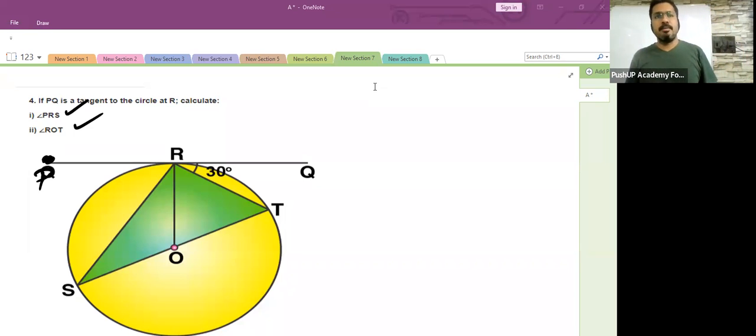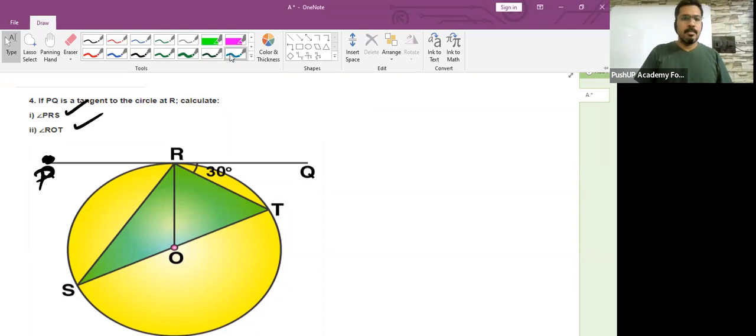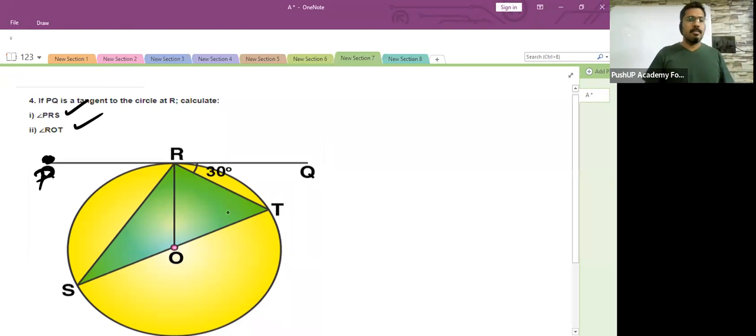Alternate segment property. Yeah. Very good. Good job.